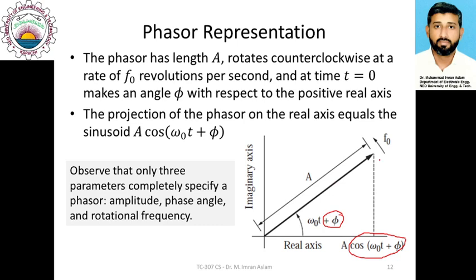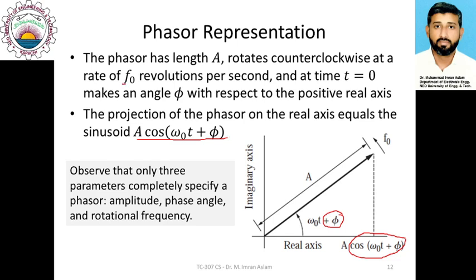And if you plot the projection of this vector onto the real axis, you will get the actual sinusoid, which is A cos(omega naught t plus phi). So the real axis projection always gives you the cosine component. You can also calculate the sine component by making a projection on the imaginary axis, but for the time being we are discussing the real axis only.